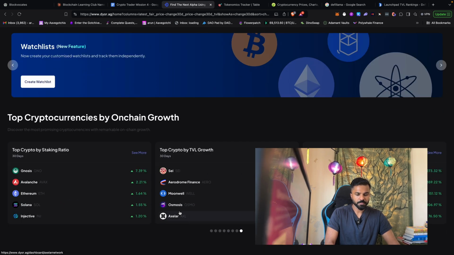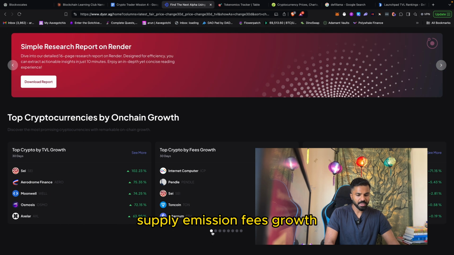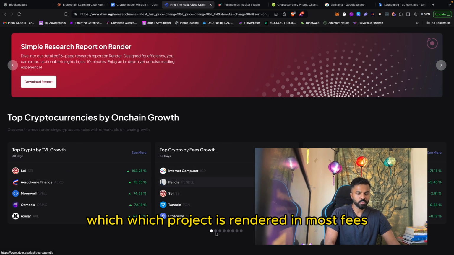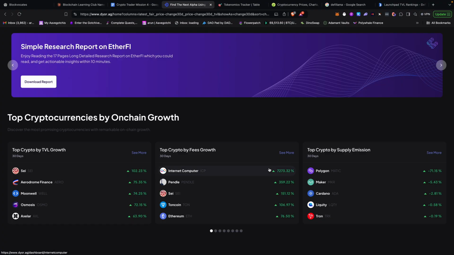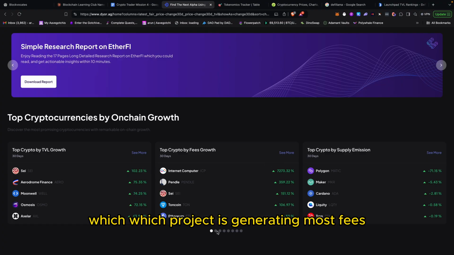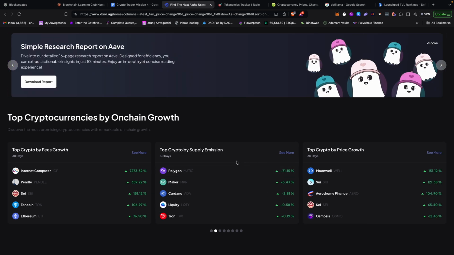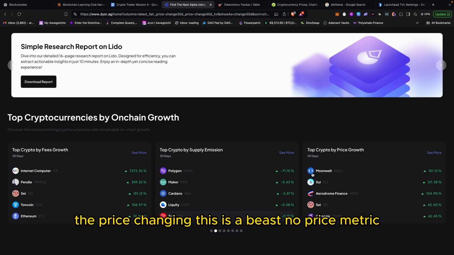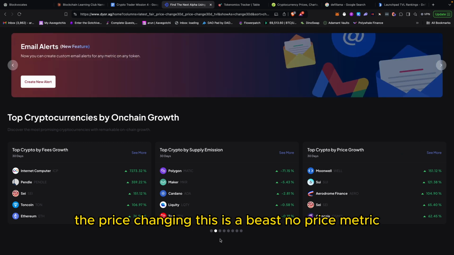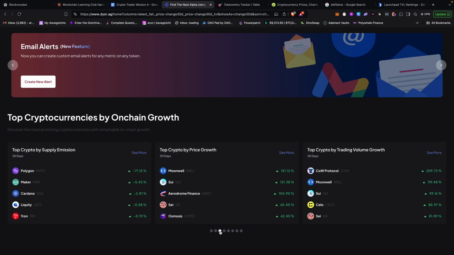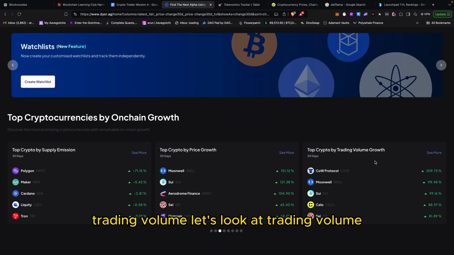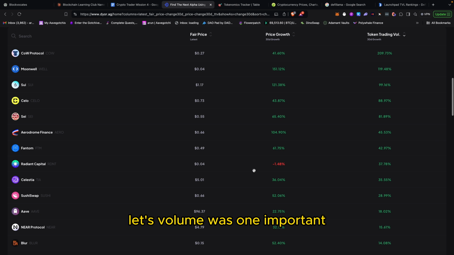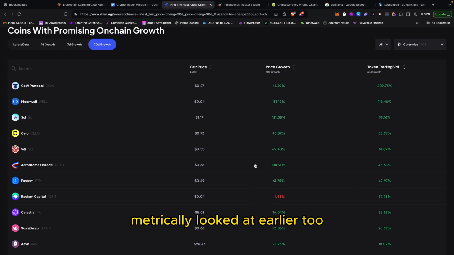Let's look at supply emission, fees growth, which project is generating the most fees, how supply is being added, supply being removed, how the price is changing. This is based on a price metric. Trading volume, let's look at trading volume. Volume was one important metric we looked at earlier too.